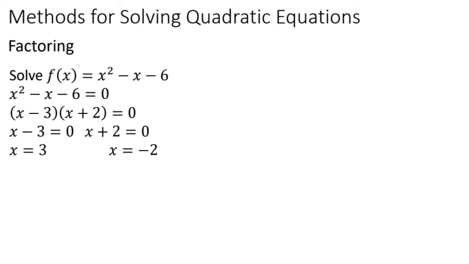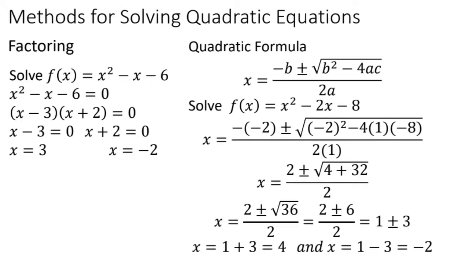And I love all these methods because I think they're just fundamental. But again, using the quadratic formula will never fail you. So if I look at the same polynomial, x squared minus x minus 6, and use the quadratic formula, let's just review it. The quadratic formula is given by this: negative b plus or minus the square root of b squared minus 4ac, all over 2a.